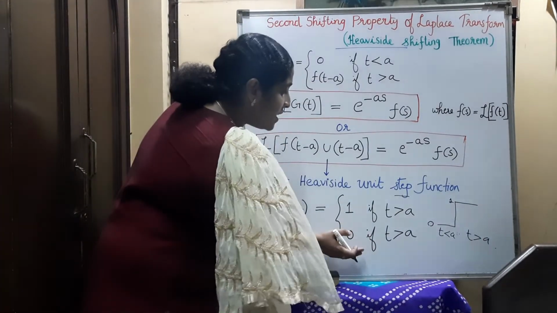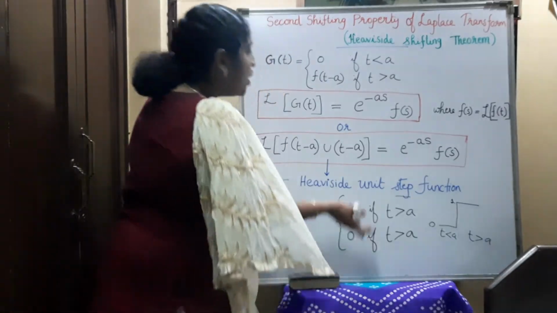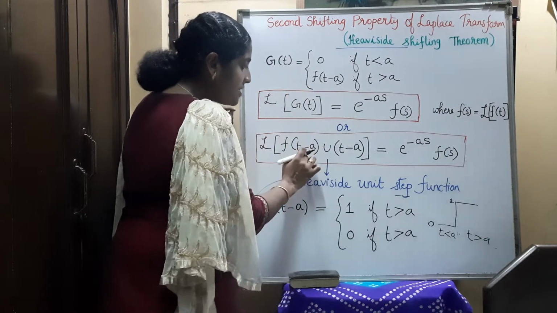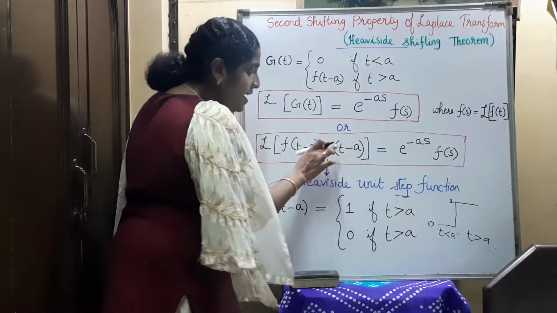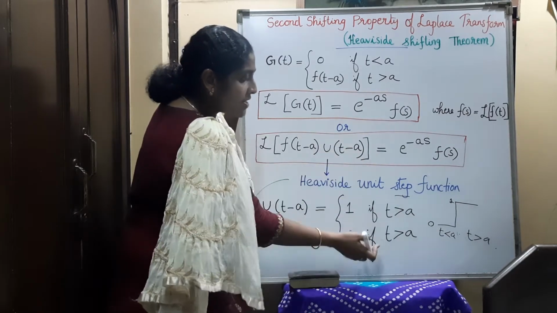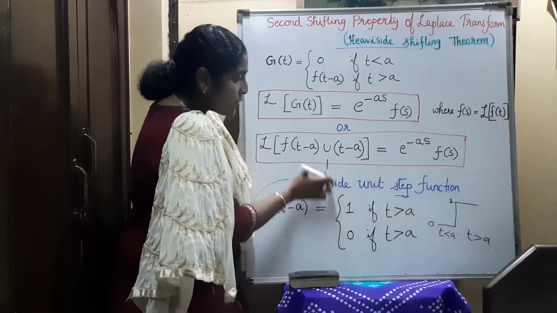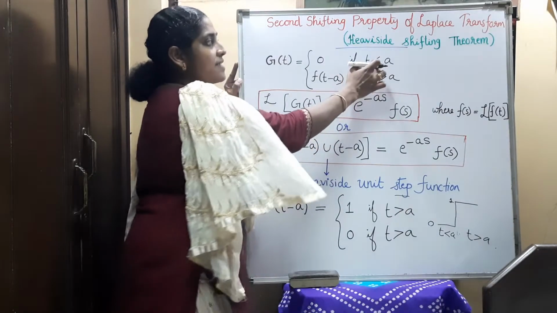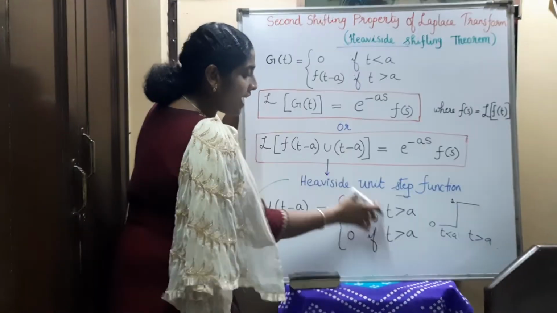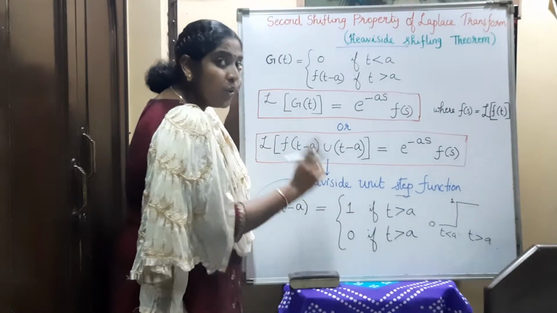If we introduce this Heaviside unit step function into g of t, that is, g of t is f of t minus a into u of t minus a. See this, when t is less than a, what is the unit step function value? 0. So this completely becomes 0. When t is greater than a, this unit function is equal to 1.